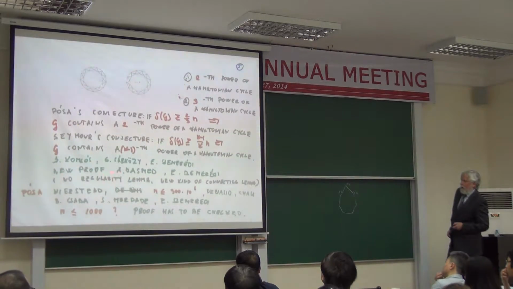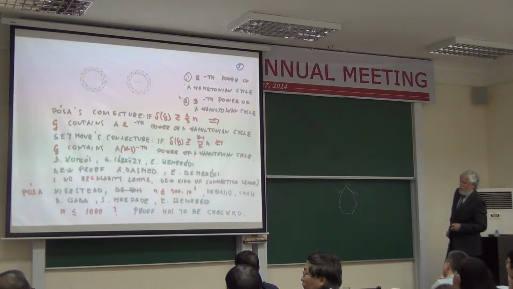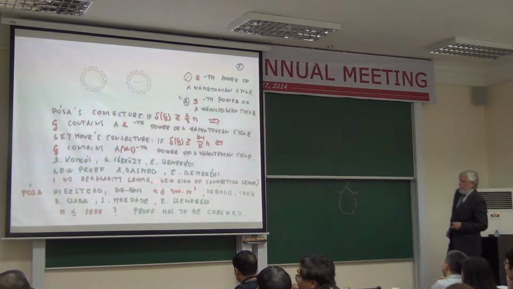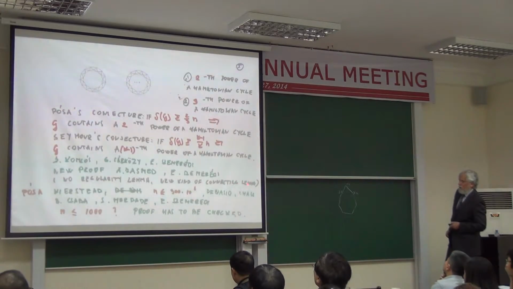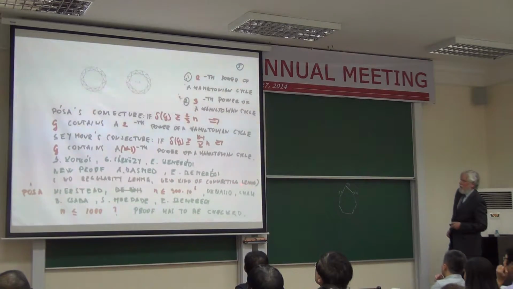Right now we have a new proof, by one of my students, Asif Yamsher, which doesn't use the regularity lemma, and what is the main thing about it is a new kind of connecting lemma, and I will not explain what it is.